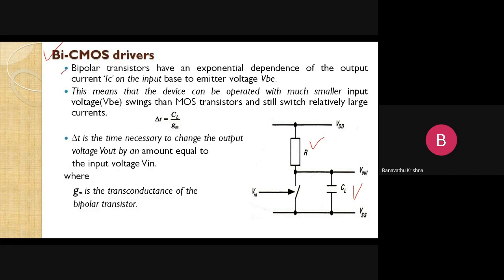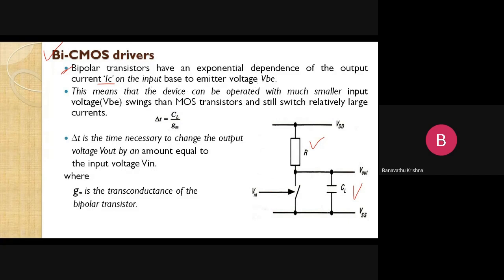The bipolar, I already told you, with a very small amount of input voltage the device is going to be in the on condition, meaning it quickly turns on. Automatically, the charging time decreases. So here, bipolar transistors have an exponential dependence of the output current IC, that is the collector current, or current in the channel device, on the input base current, base to emitter voltage, right?